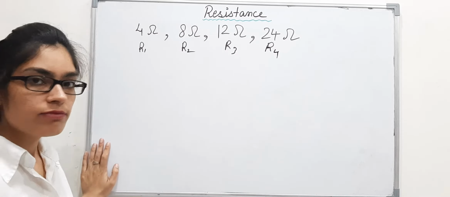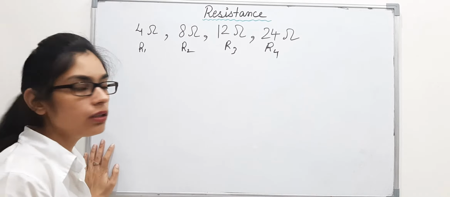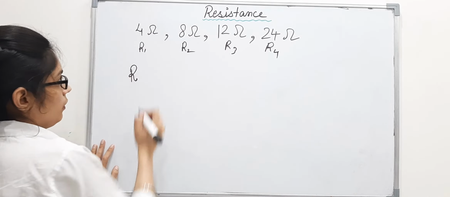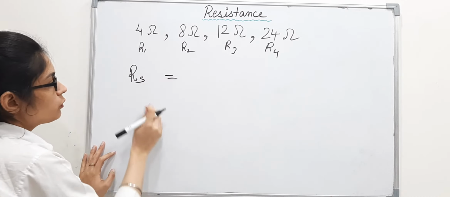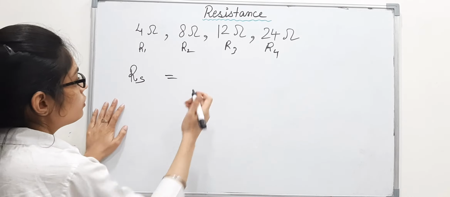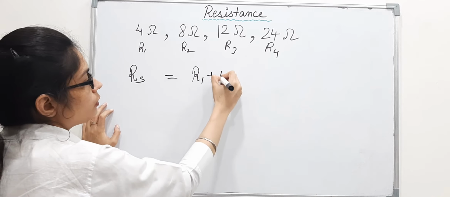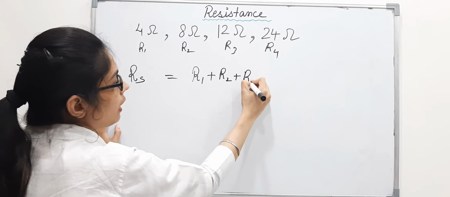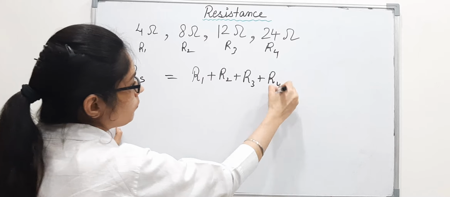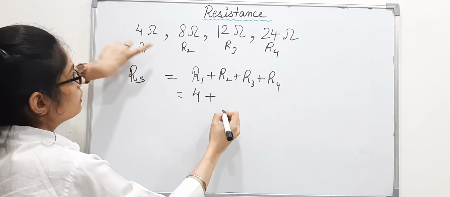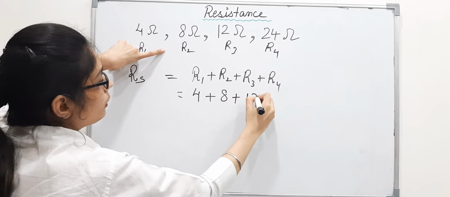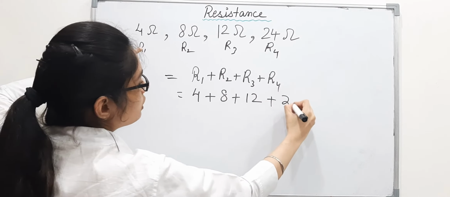First of all we'll find the resultant resistance for series combination, so RS we will write. For series, as we have discussed, it will be R1 plus R2 plus R3 plus R4. So we can write directly R1 is 4 plus R2 is 8, R3 is 12 plus R4 which is 24.